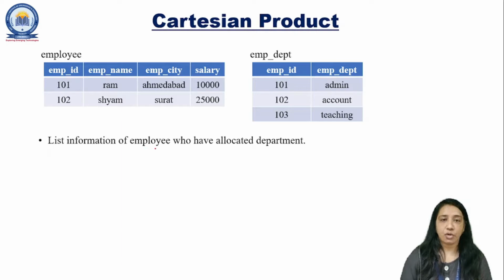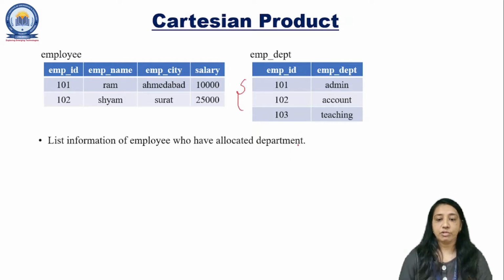List the information of employees who have an allocated department. That means we want only the information of employees who are having some department. So you can see that here 101 and 102 are going to be assigned a department, that is admin and account. So in output, I want only those two names. So you need to apply what?